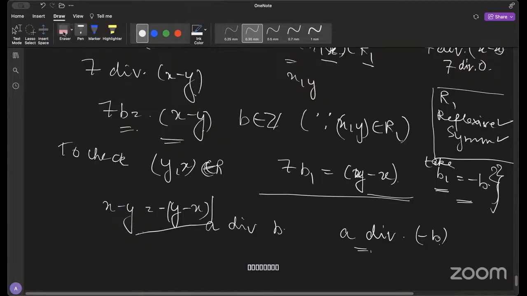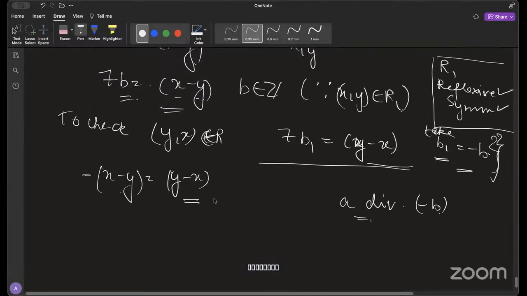It doesn't depend on the values of X and Y. If 7 divides X minus Y, then it also divides the negative of X minus Y, right? Yeah, Y minus X. Yes, ma'am. I hope till this part it's clear.